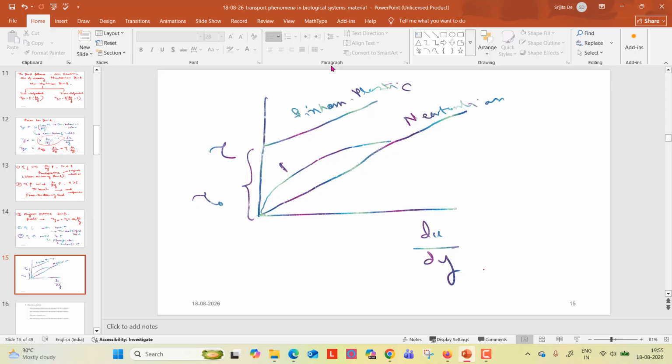So it is your pseudoplastic, and the opposite case, the shear thickening, where the viscosity is increasing, is your dilatant fluid, right?